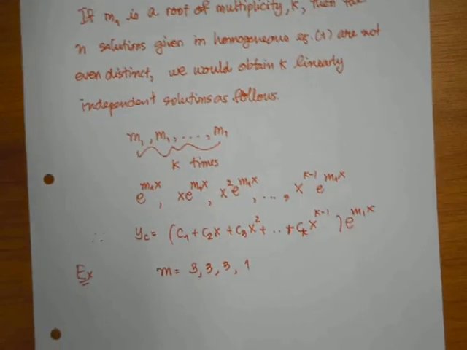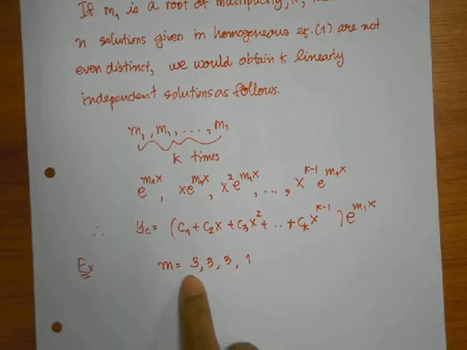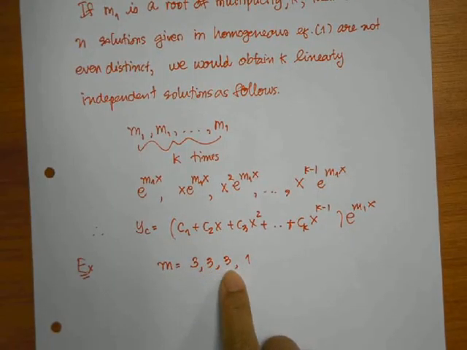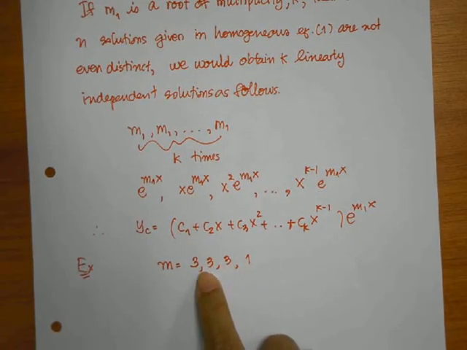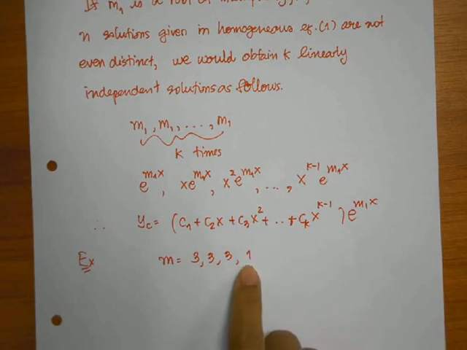For example, if we have roots like this, 3, 3, 3, 1. So that means we have a repeated root of 3. How many times? 3 times. So that means our k is equal to 3.